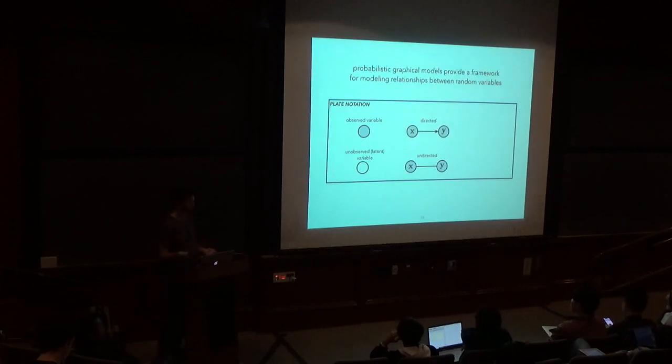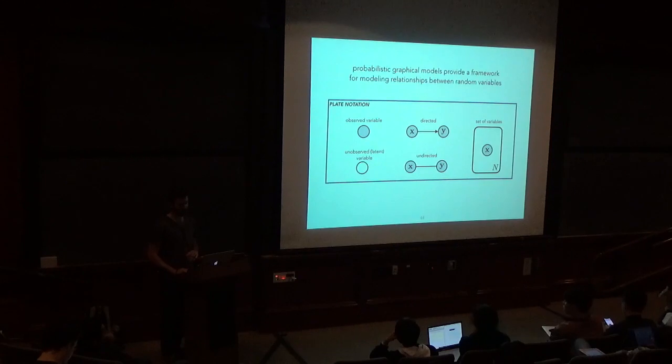You can have directed connections, which signify conditional probability distributions, and you can have undirected connections, which signify cliques over random variables. We won't talk about undirected graphs, but people are starting to look back at these types of models. And then to denote a set of variables, we have this plate that goes around the variable itself, and usually denote how many of those you'd have. So if we have n data examples, that would be represented with this plate with n.